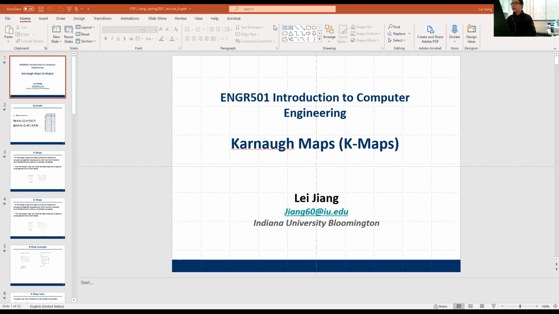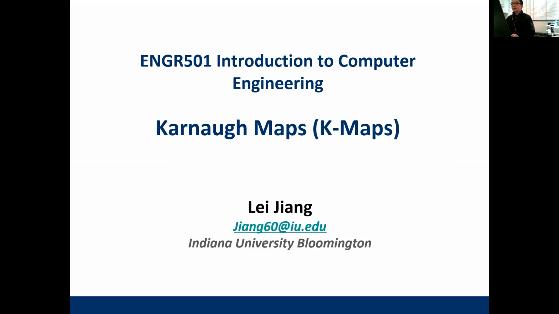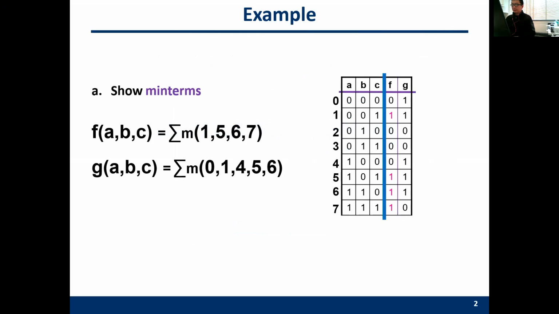Today we will talk about K-map. Previously we introduced the minterm, maxterm. These two terms are the so-called canonical form.